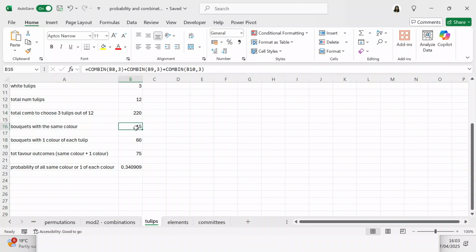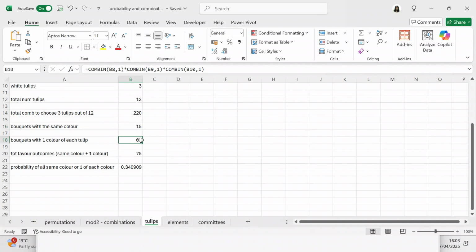Now you want to find the bouquets with the same color. So COMBIN(B8, 3) plus COMBIN(B9, 3) plus COMBIN(B10, 3), and it gives you an outcome of 15.